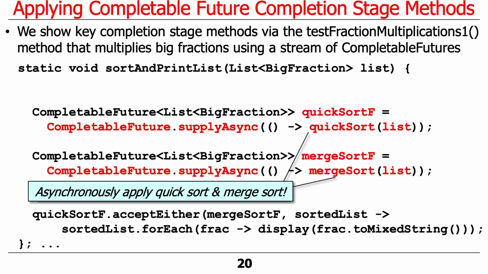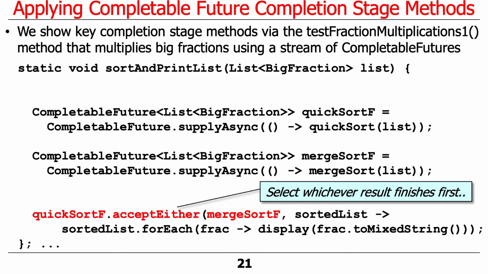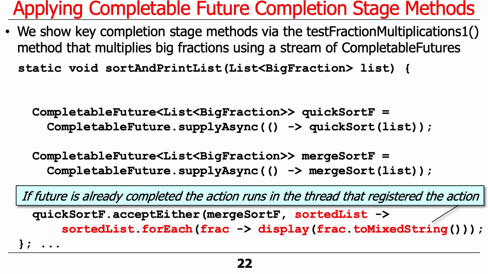Let's put them to work, right? Let's not sit there and be theoretical about it and do some kind of analysis. Let's just run them at the same time and see which one finishes first. And whichever one finishes first, that one will be the one whose results we'll use to print the sorted and reduced and multiplied results. So everything will get printed out when we're done in a sorted order.